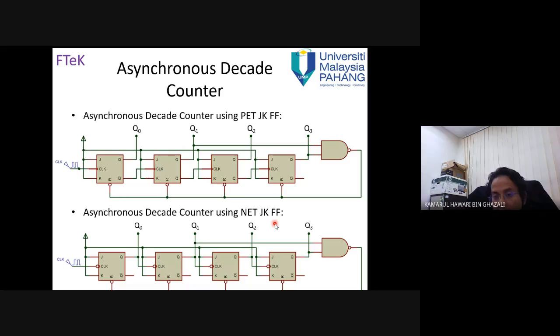Okay. So this is the example of asynchronous counter, tapi dia count only at a certain number. 0, 1, 2, 3, 4, 5, 6, 7, 8, 9, 10, dah reset. Kalau kita tak reset, it will count 0 to 15. So the way to reset is to put the NAND gate. Look at the NAND gate tu kat sini.